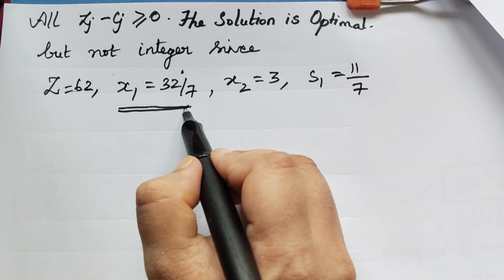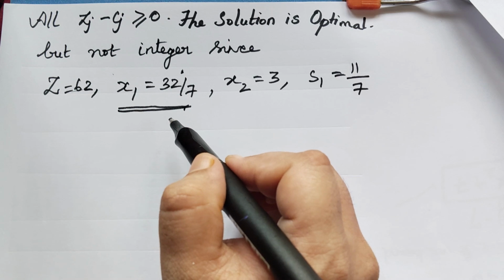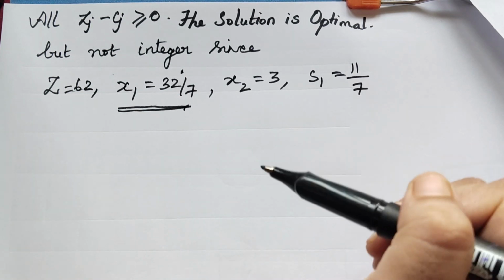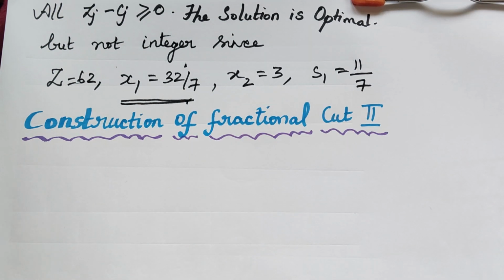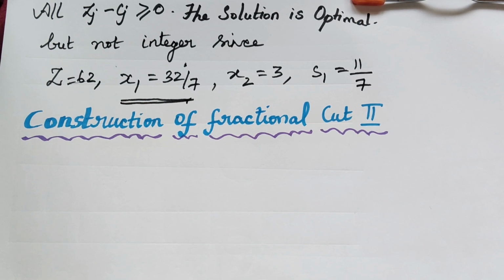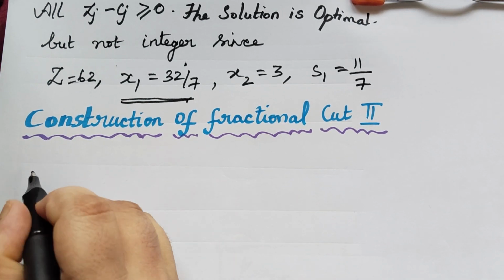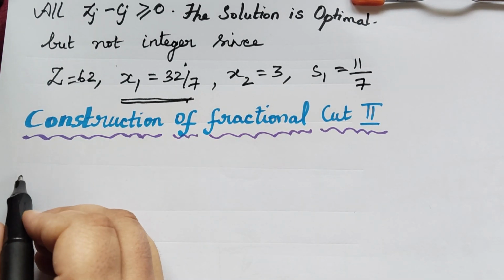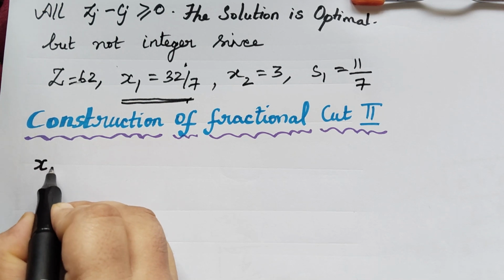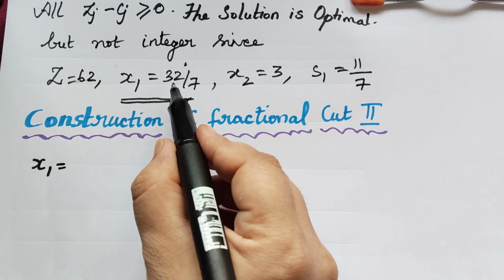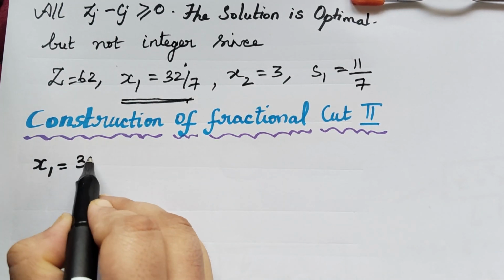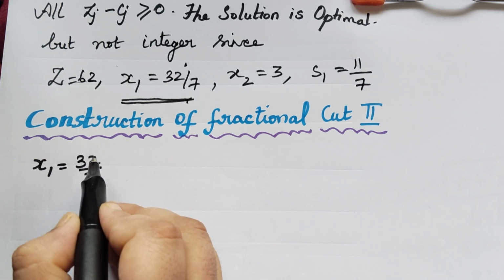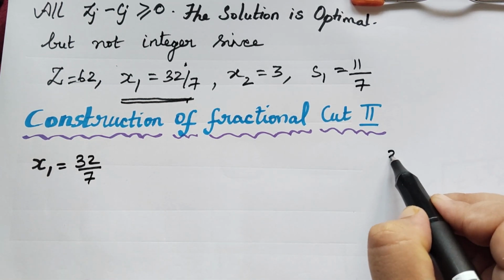So again we have to proceed the problem by constructing the fractional cut 2. So now we will do the construction of fractional cut 2, for which first we will take and write the solution x1, that is the solution which was a fraction, which is equal to 32 by 7. We see that the numerator is greater than the denominator, so divide 32 by 7.